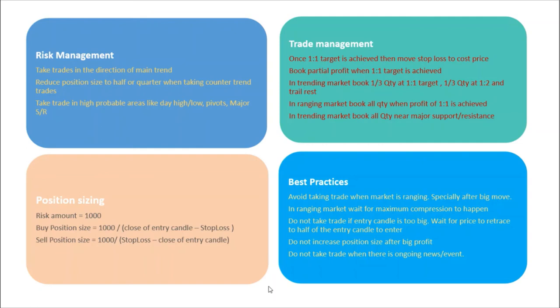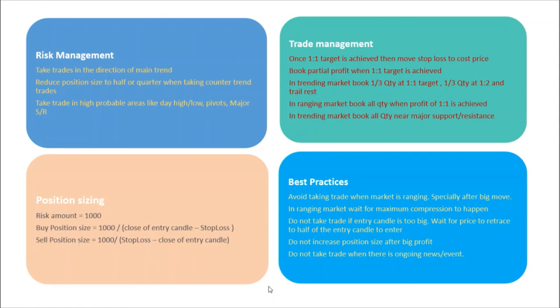Do not take trades if the entry candle is too big. Wait for price to retrace to half of the entry candle to enter. This we have seen many times, that after a big candle, there's a profit booking and then usually the trend resumes. So in that case, don't just jump in and wait for price to revert to half.